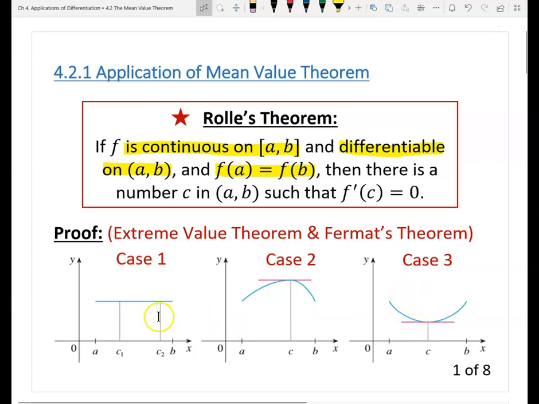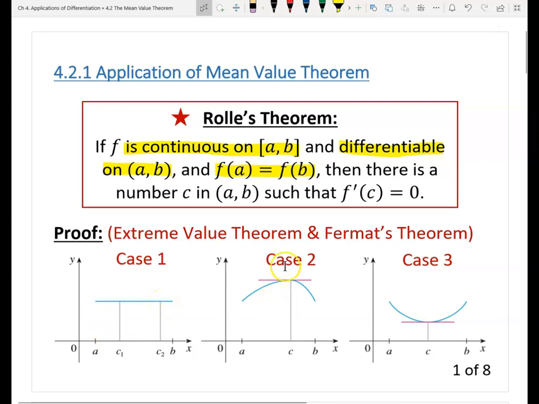Let's go to the first and imagine the function is constant between a and b. Can we find a number c so that the derivative equals 0? Yeah, definitely, right? Because at any number between a and b, the derivative equals 0. This is a result we already used.